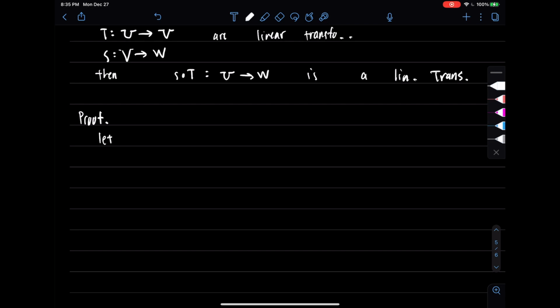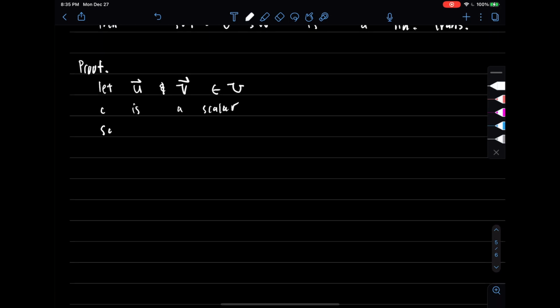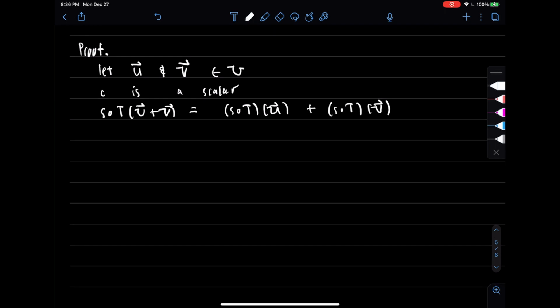We let u and v be in the set U, and c is a scalar. Using addition, we know that S(T(u + v)) equals S(T(u)) plus S(T(v)). And it would be the same for scalar multiplication.